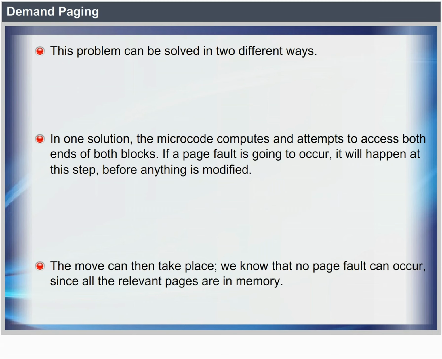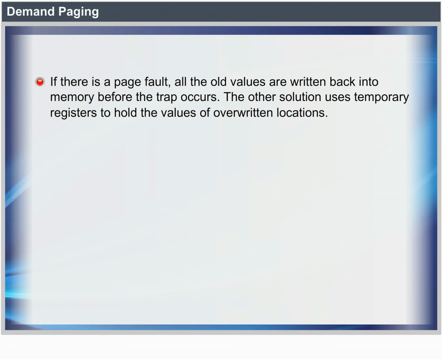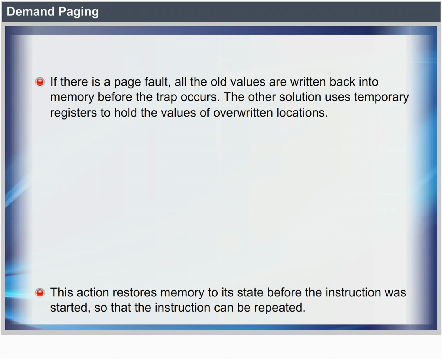The other solution uses temporary registers to hold the values of overwritten locations. If there is a page fault, all the old values are written back into memory before the trap occurs. This action restores memory to its state before the instruction was started so that the instruction can be repeated.